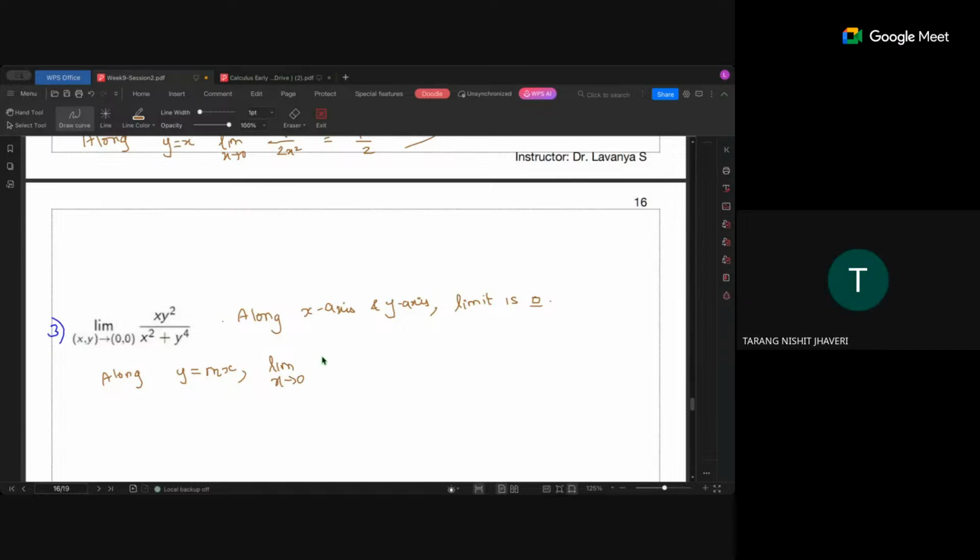m x cube upon m square x square plus x to the power 4. So what is the answer here?